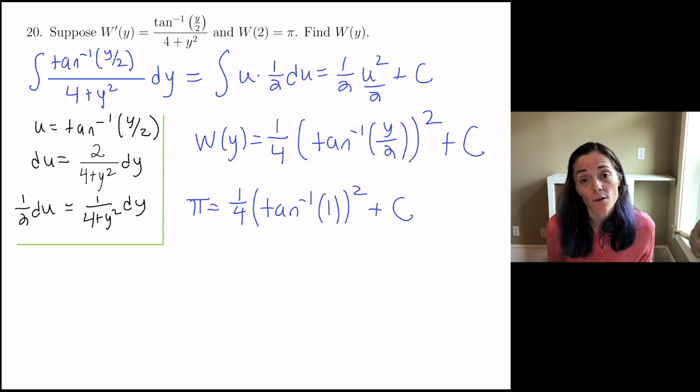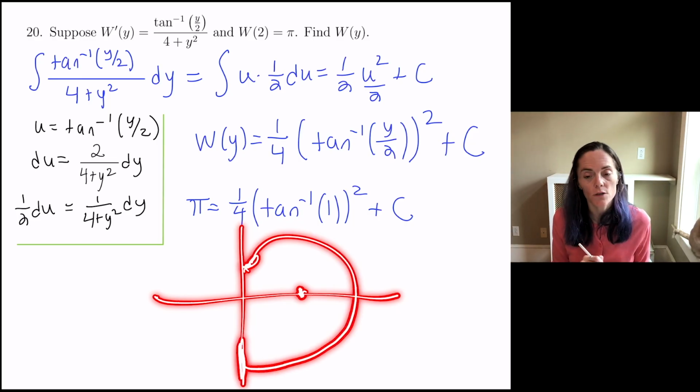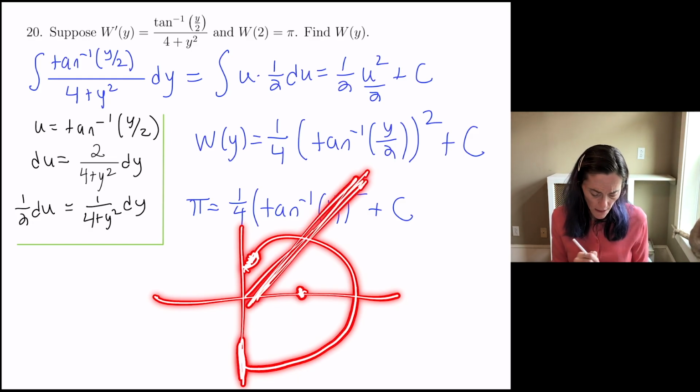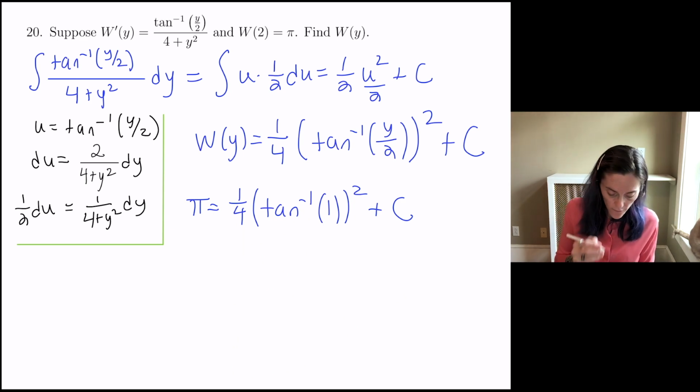What is the tan inverse of 1? Well, it says that the tangent is 1 and the angle is between minus pi over 2 and pi over 2. Tangent of what says sine and cosine are equal. That will be here along the line y equals x. So this happens at pi over 4.